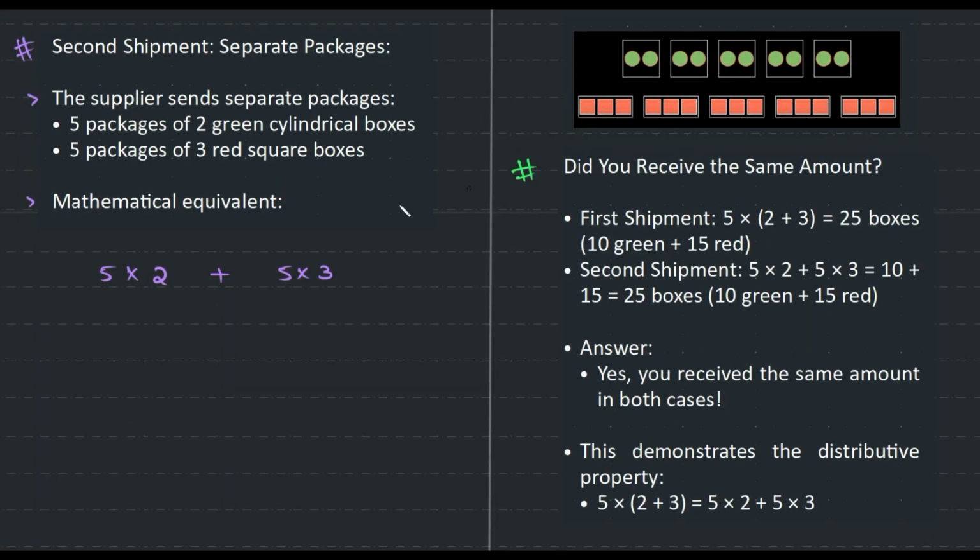In this case, the total number of boxes is 5 times of 2 because there were 5 different packages containing 2 green boxes. And in the second scenario, we have 5 different packages with 3 red boxes in them, and so totaling to this.